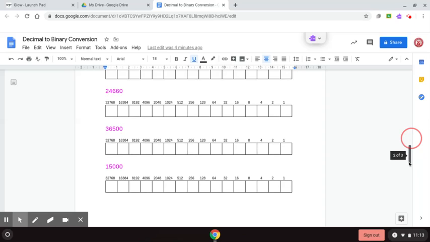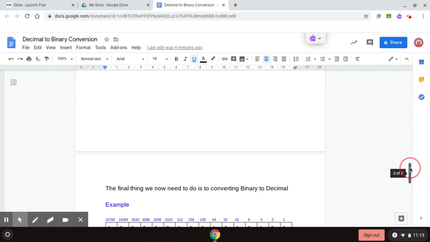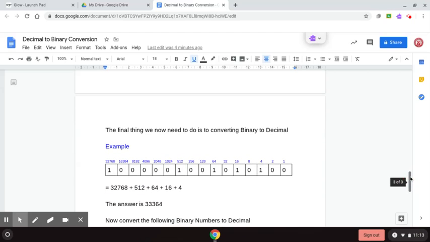And part C, the final little bit, is what you might have to do is you might be given the binary number and have to convert that to decimal. So for example, I've given you the number 1000001001010100, and what you would do is you'd lay out all your numbers like 1, 2, 4, 8, 16, 32, 64, 128, 256, 512, 1024, 2048, 4096, 8192, 16384, 32768, and wherever there's a 1, you add up all the values that are 1.